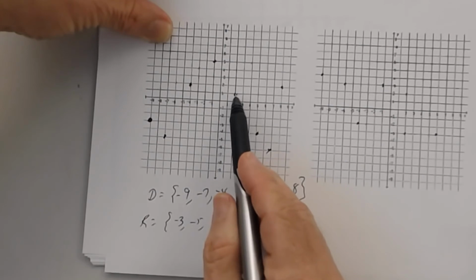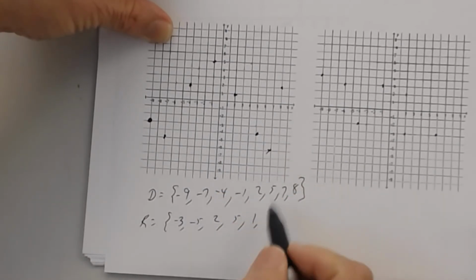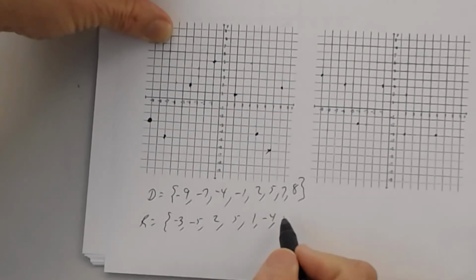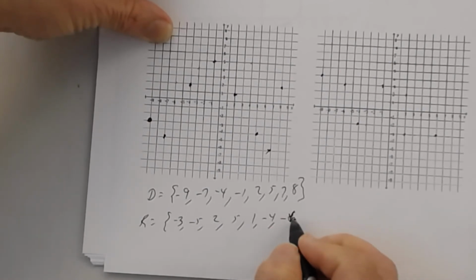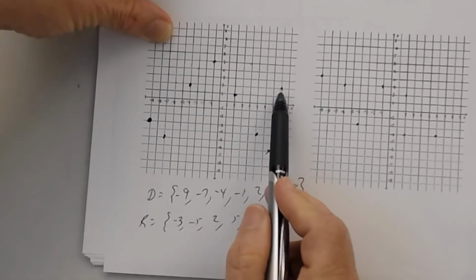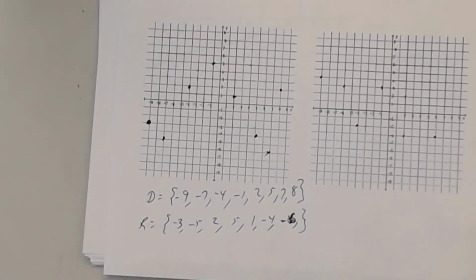What's this y value? I'm sorry, 1. Negative 4. Negative 8. Negative 6, it looks just like an 8. And what's this y value? 2, which we already have. All right, and that's it. That's all you do.